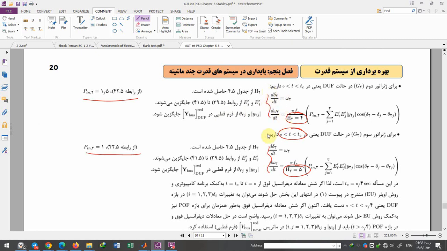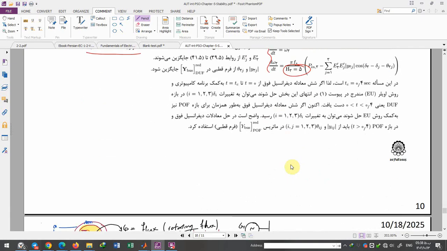And after that, we can depict the during-fault, pre-fault, post-fault sets of differential equations here.